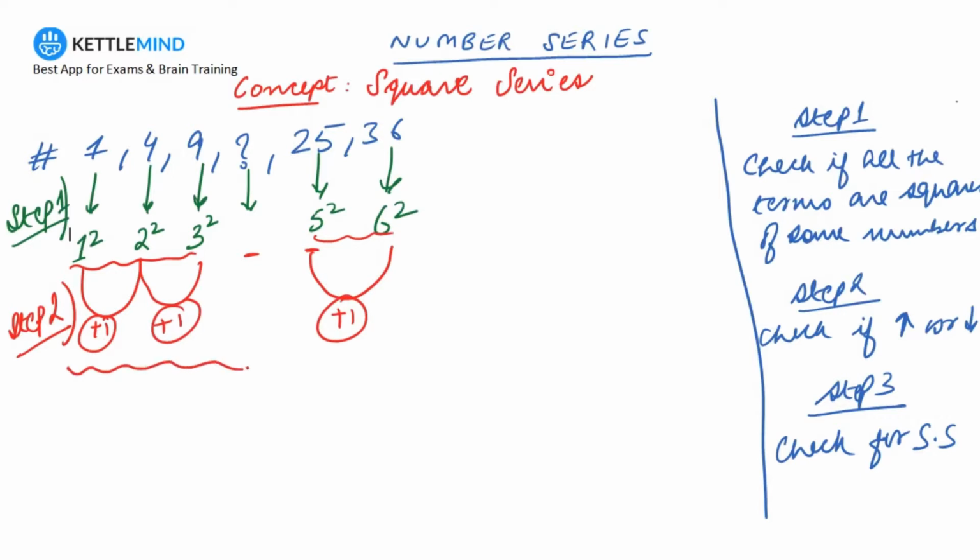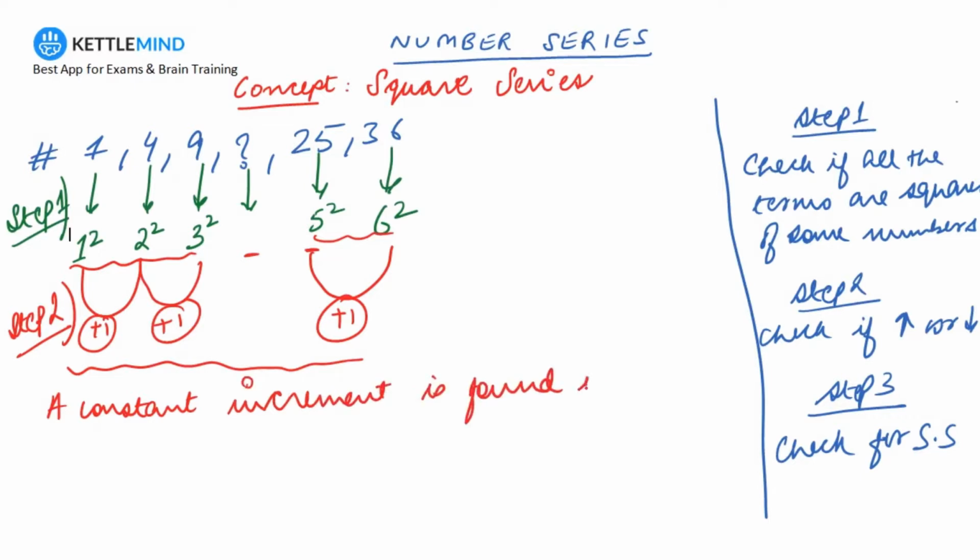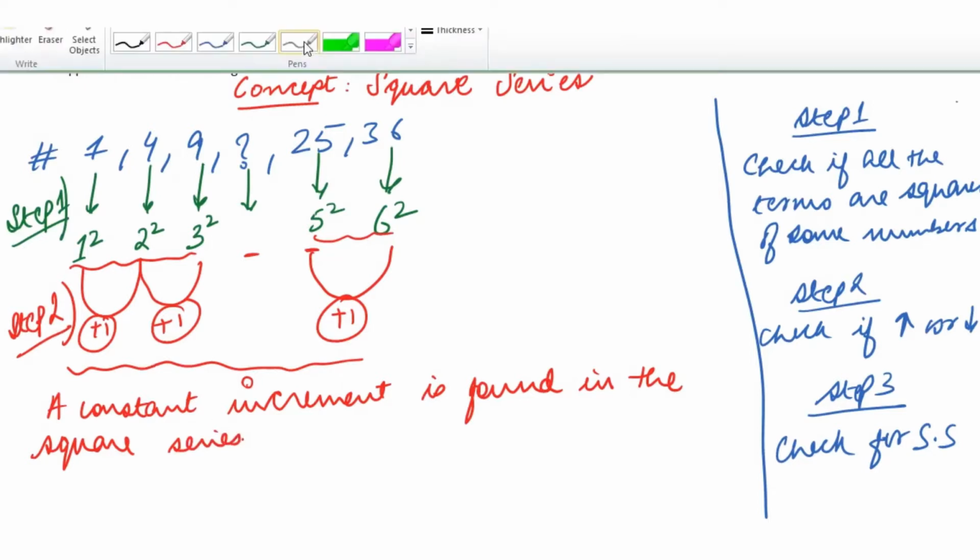So you see in the entire series there's a constant increase. There's a constant increment of plus 1. So a constant increment is found in the square series. So we'll stop here and we'll backtrack in order to evaluate this question mark, right?